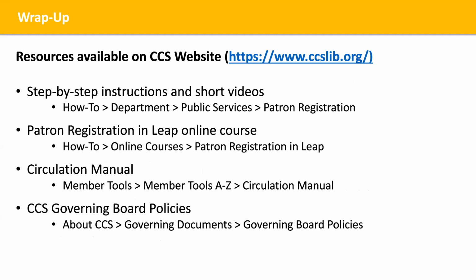And here you'll find step-by-step instructions and short videos all about patron registration in LEAP. There's also a structured online course about patron registration. You can jump around there if you want. And then, of course, the circulation manual has information about creating and updating patrons. And then once again, you can find the policies we referenced today in the CCS Governing Board policy document.